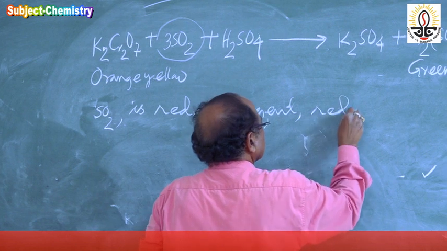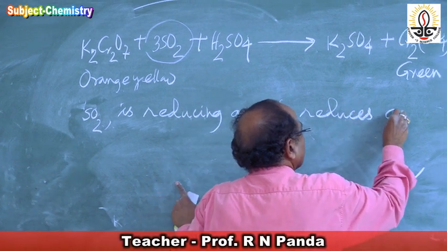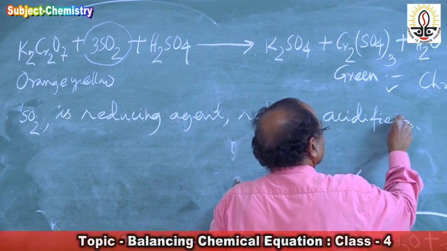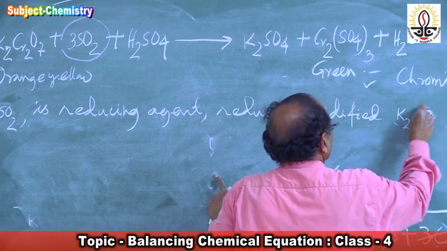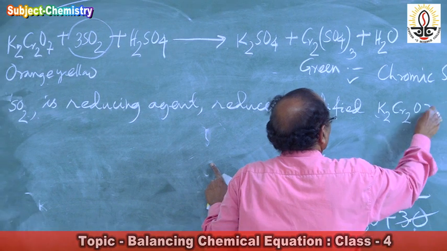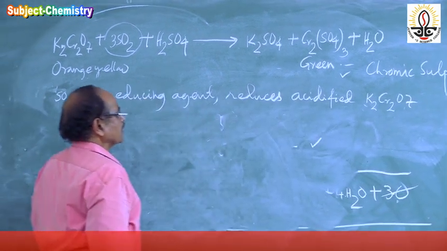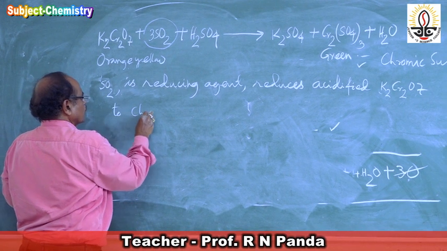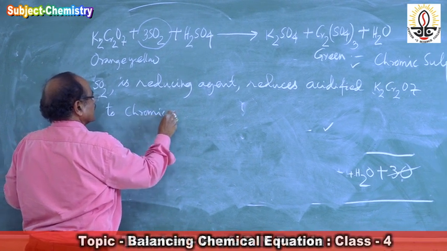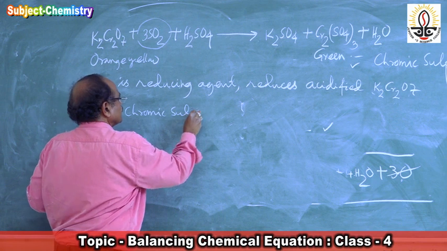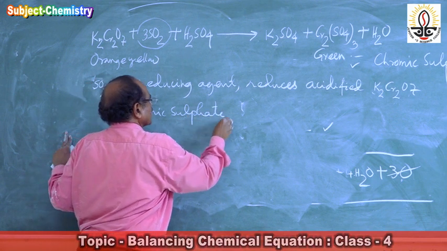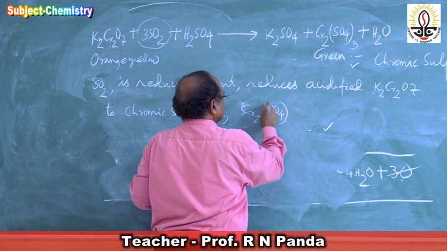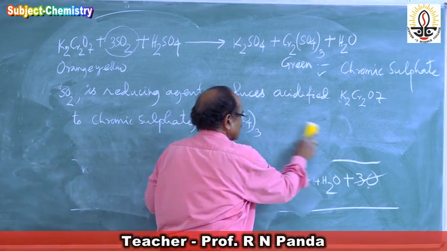It reduces acidified potassium dichromate, K2Cr2O7, to chromic sulfate, Cr2(SO4)3.